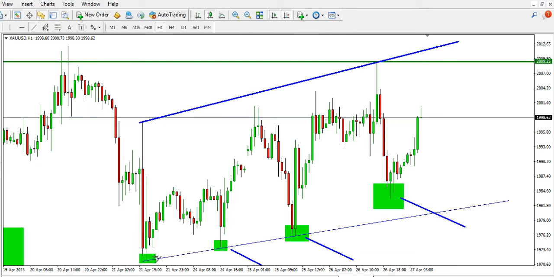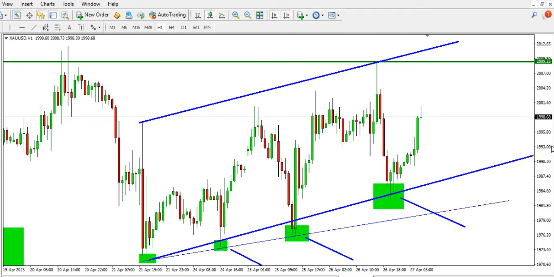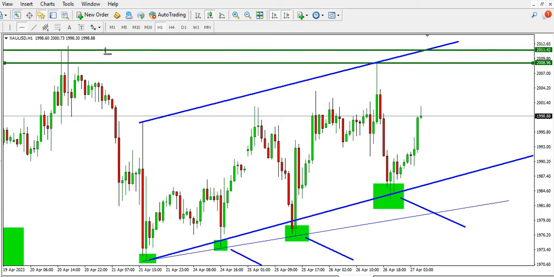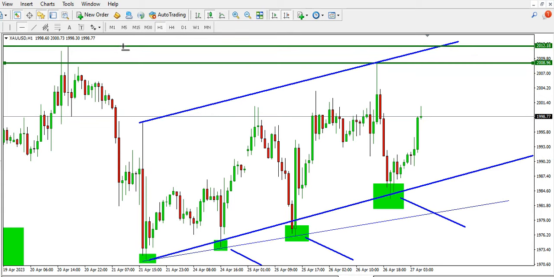The channel is in play, and price is ranging upwards. We have a high point around here, and then we have another high point around here. The one around there is the 2012 area, while this is the 2008 area.